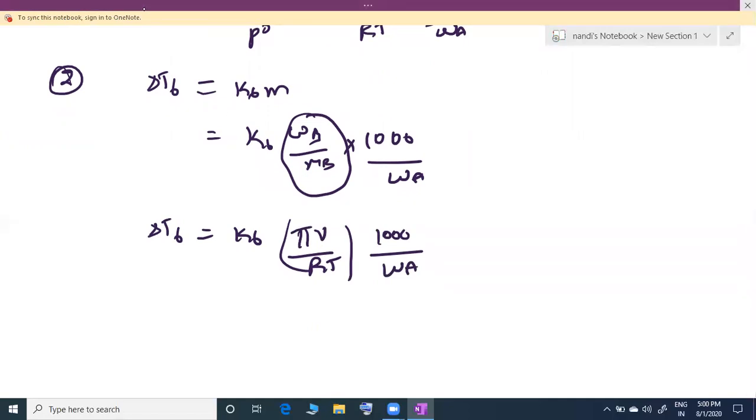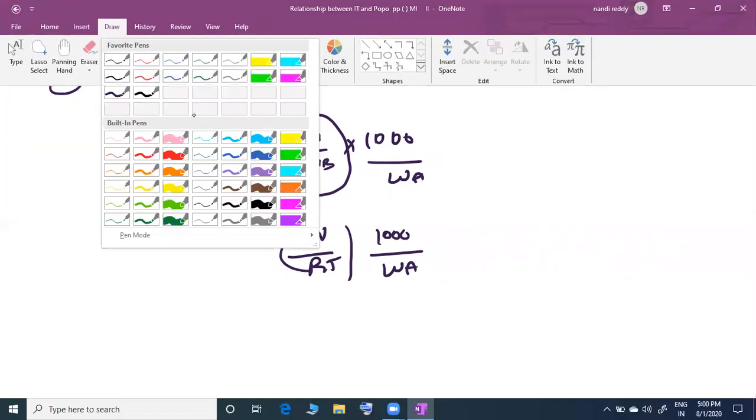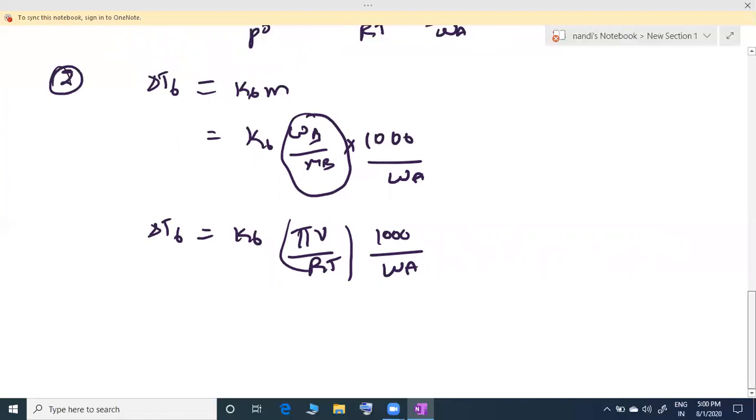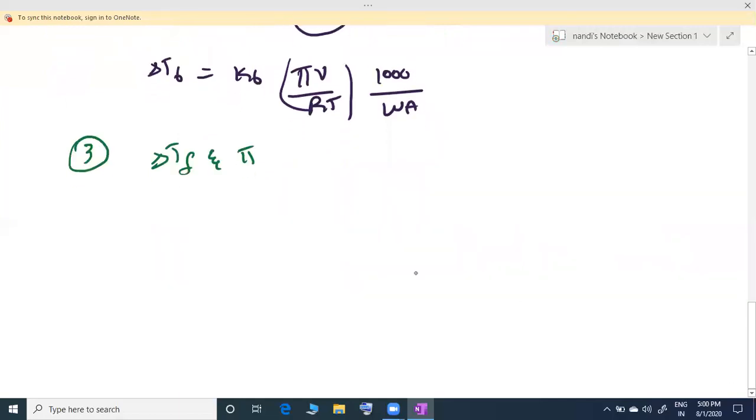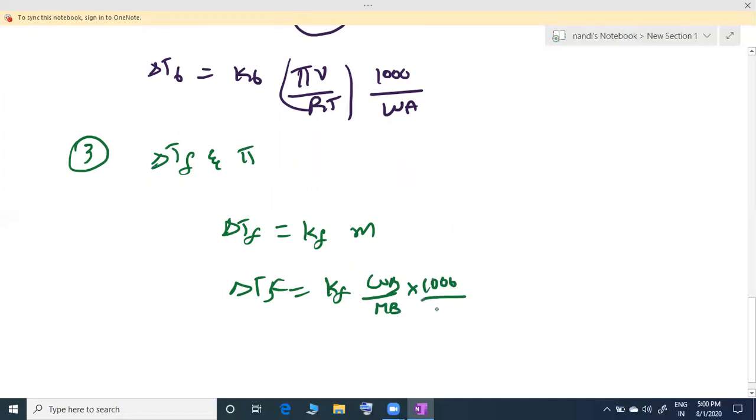You can write next delta TF also similarly. Relation between delta TF and pi. You can write very simply here, delta TF equals KF into m, which equals KF into WB by MB into 1000 by WA.